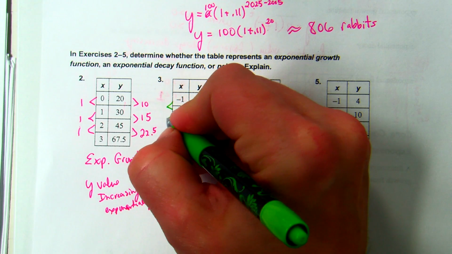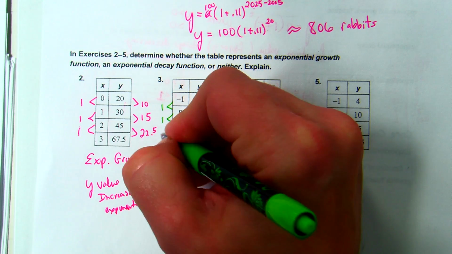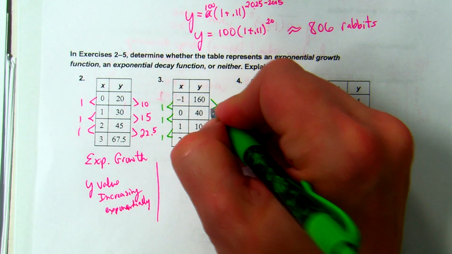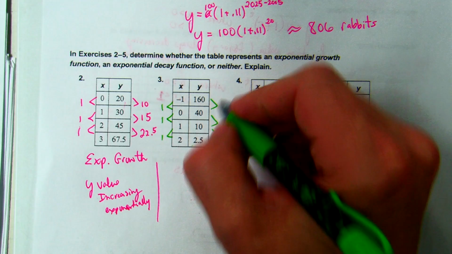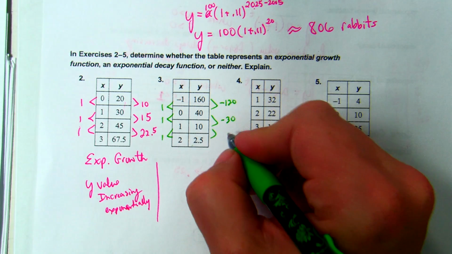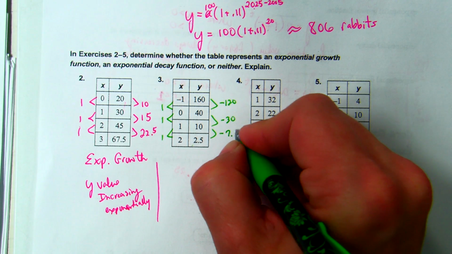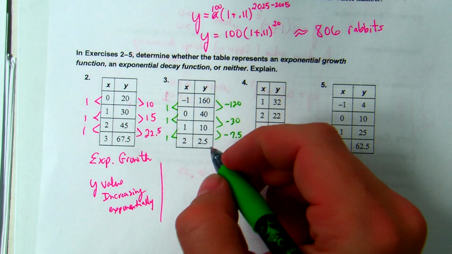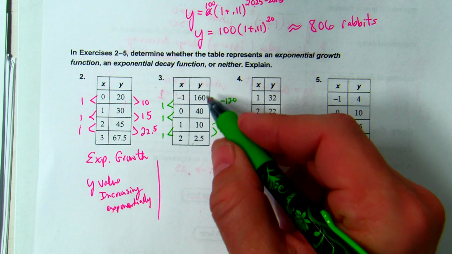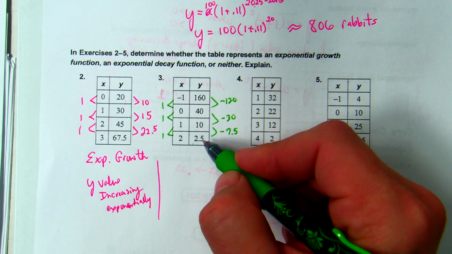The next one, again, all ones for the change in x. Change in y: negative 120, negative 30, negative 7.5. What's happening to the y value? It's getting smaller, or decreasing exponentially.